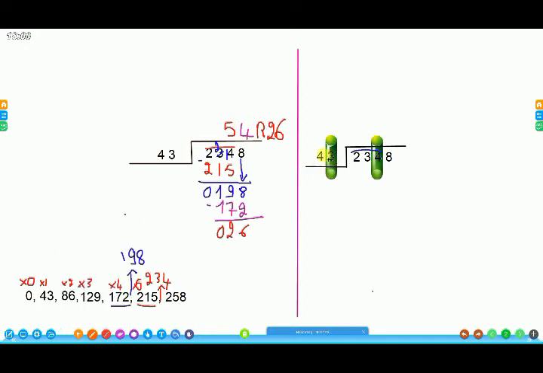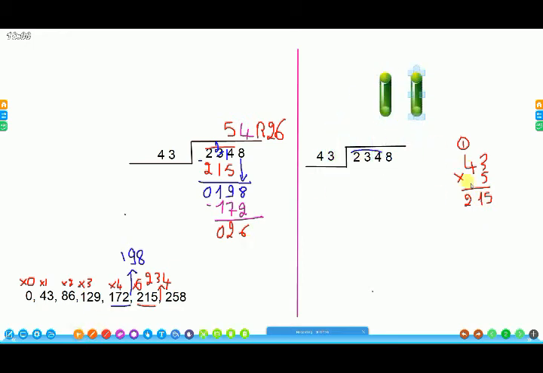And to do so, I multiply 43 times 5. 3 times 5 is 15. I write 5, I carry 1. 5 times 4, 20 plus 1, 21. The multiple that I found is less than 234. So my estimation here is correct.